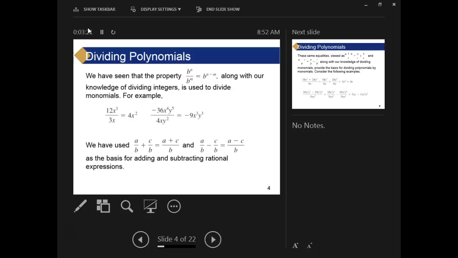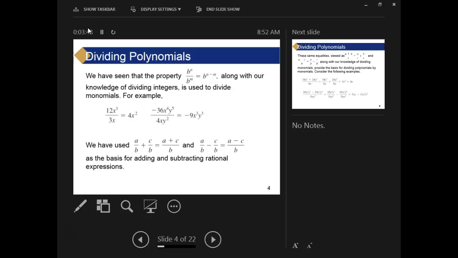Now, we've also done this in sections before. If you are adding fractional forms, a over b plus c over b, with the same denominators, and even if you didn't have them, when you get the common denominators, put it all over the common denominator and add or subtract the numerators.